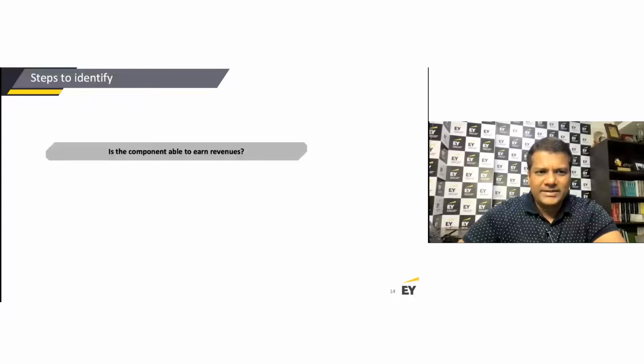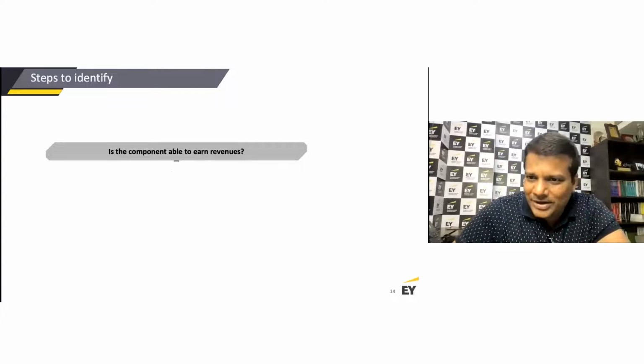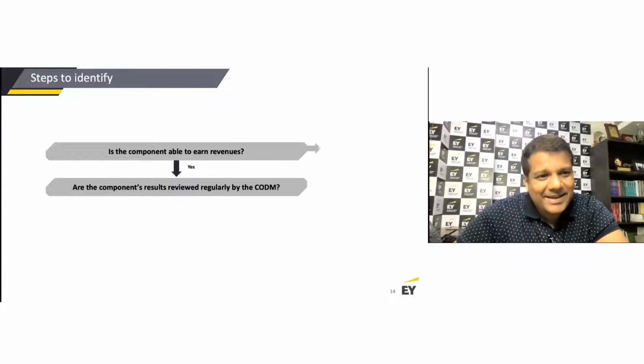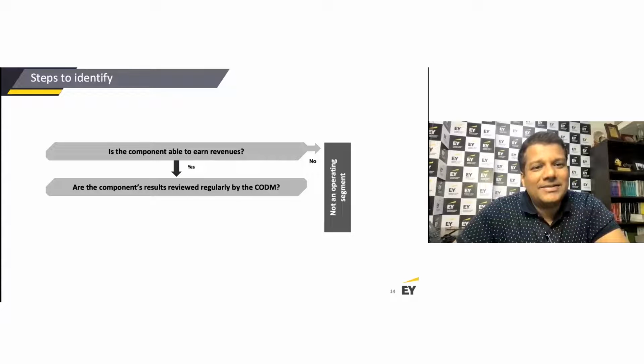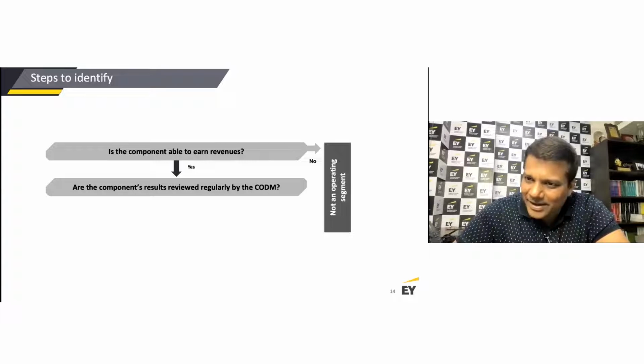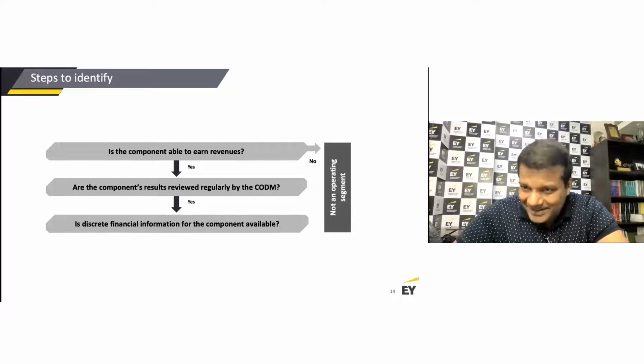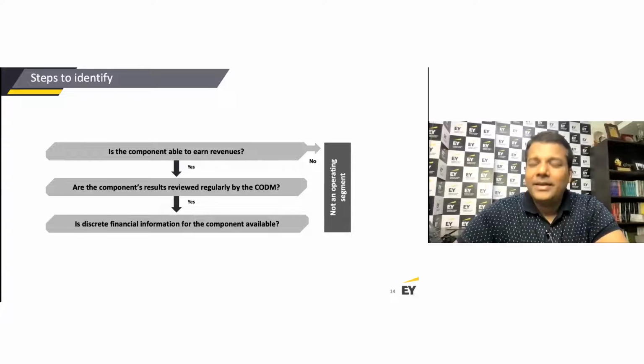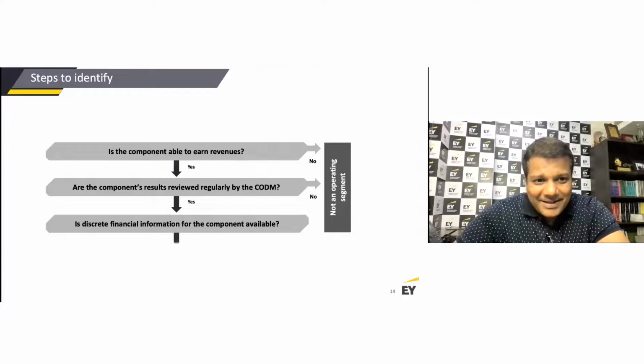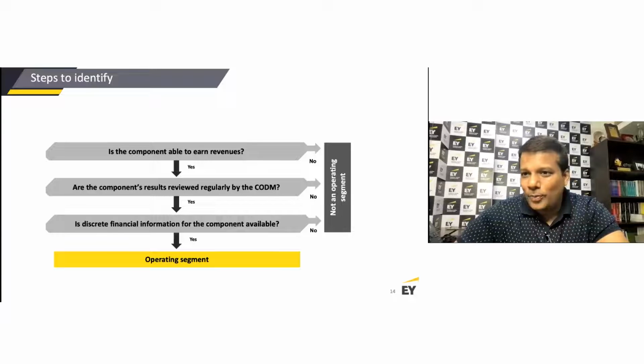So how do we identify? Is the component able to earn revenues? Yes. Are the component results reviewed regularly by the CODM? Yes. Is discrete financial information available for the component? Yes. Then it is an operating segment.